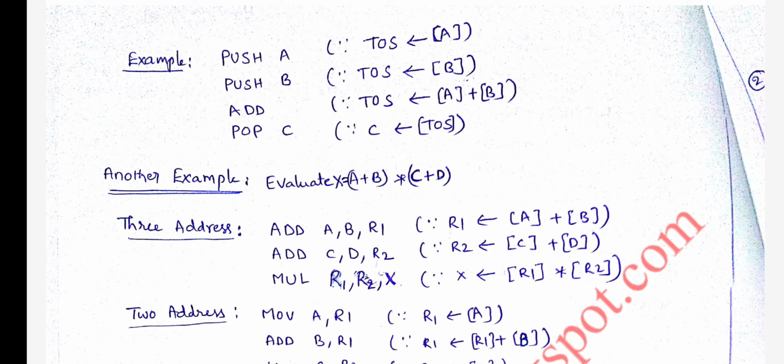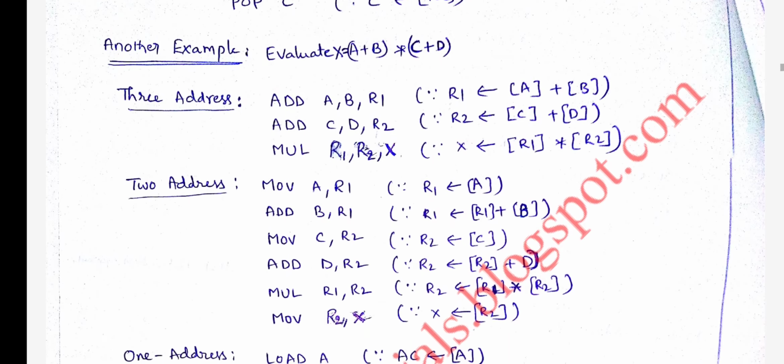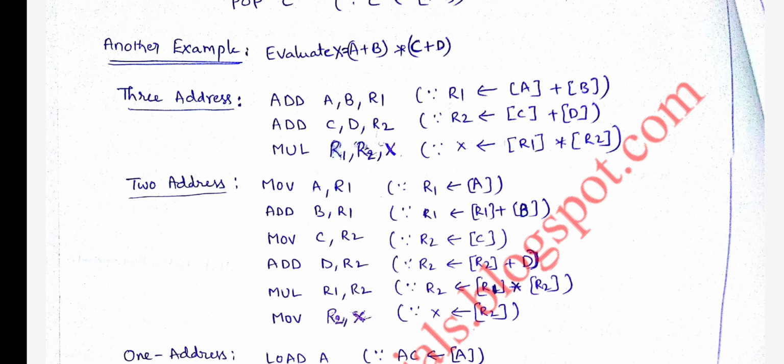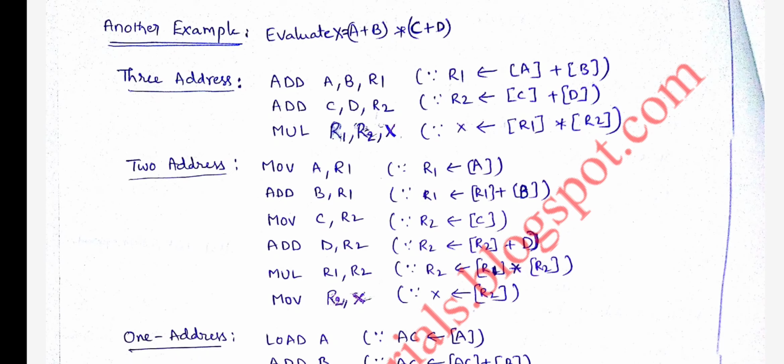We have to see one more example for doing X is equal to A plus B into C plus D. Suppose you want to perform X is equal to A plus B into C plus D, how can we perform this with 3 address, 2 address, 1 address and 0 address?